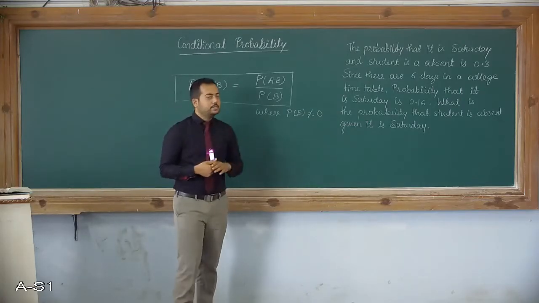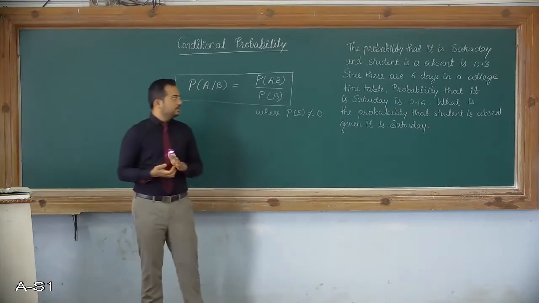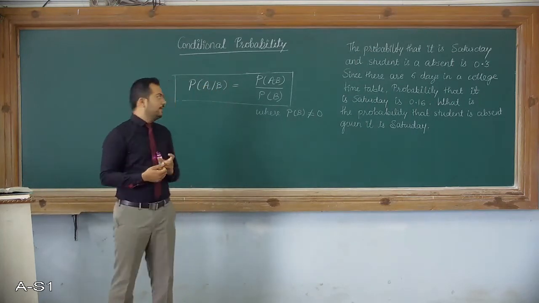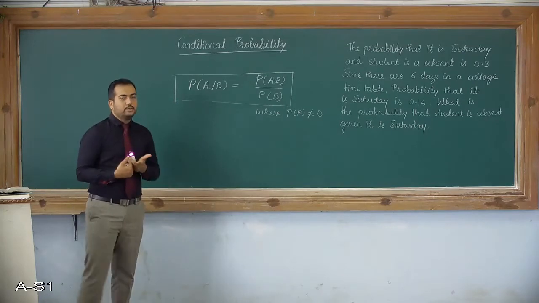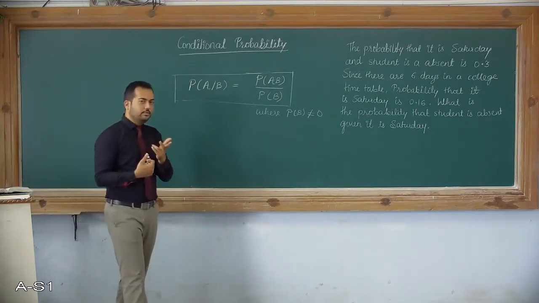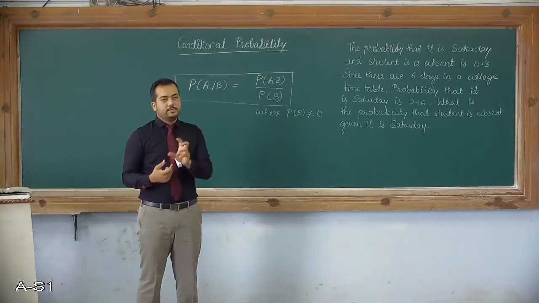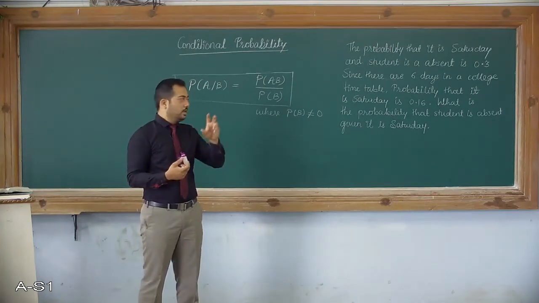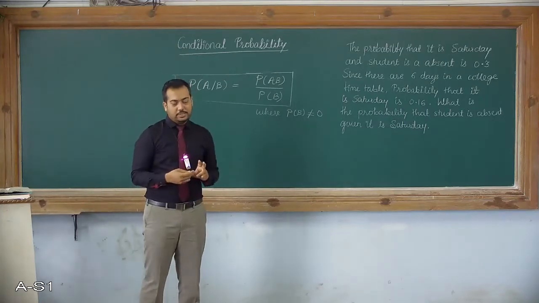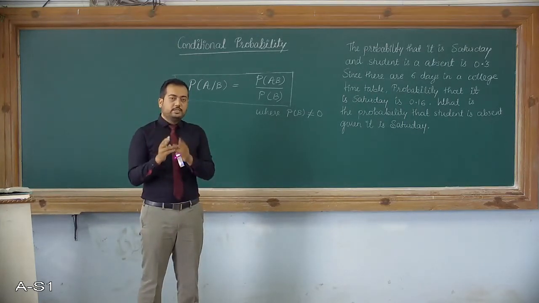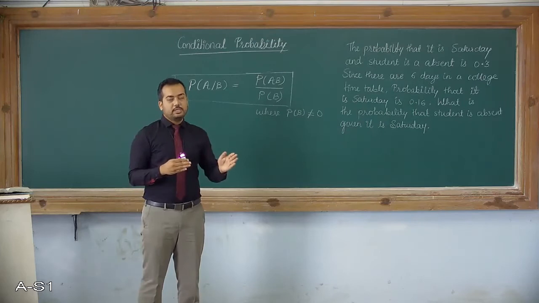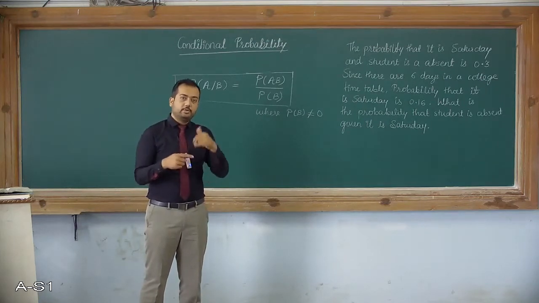The example is this: the probability that it is Saturday and the student is absent is 0.3. You can look here, there are two events: the day is Saturday and the student is absent. Both of them together, their probability is 0.3.